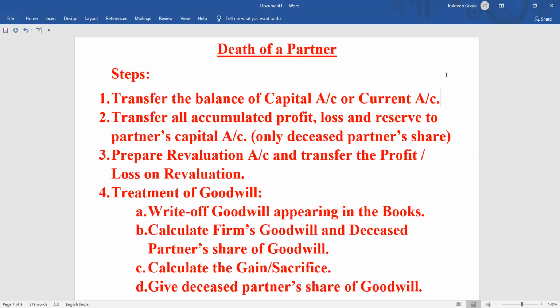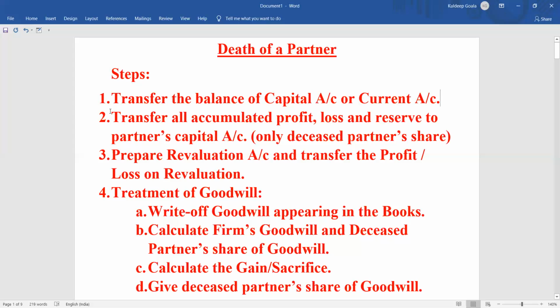If only the capital account is there, that means the capital is fluctuating, so all the adjustments will be done in the capital account. Sometimes the current account might show a debit balance, so when you prepare the current account, the balance will be shown on the debit side. If it is a credit balance, it will start on the credit side, and if nothing is mentioned, it will start with the credit side.